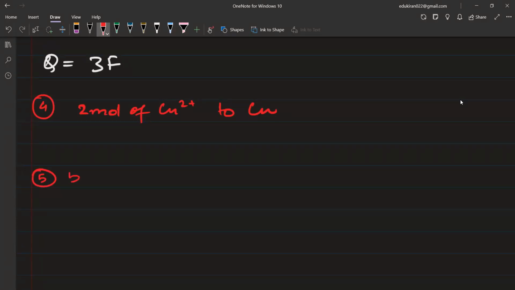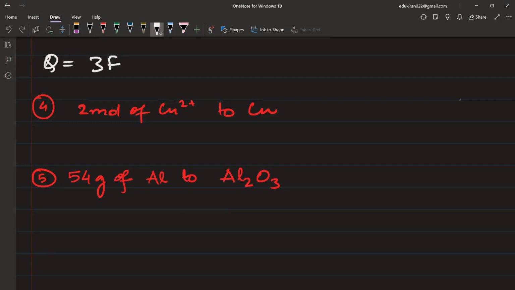For example, if you have been given 54 grams of aluminium to be converted to Al2O3. Okay, so in this case, what is happening? First of all, you have to think about the reaction.